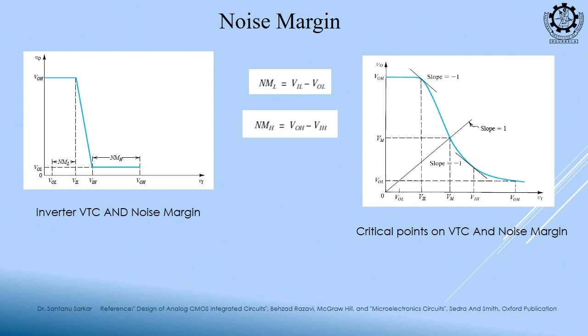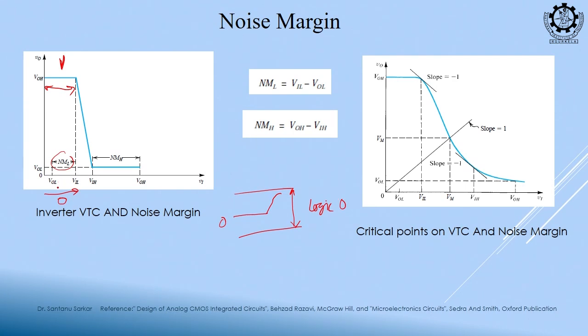Okay. Now, see this: up to this, my output is logic 1. So, this much input I can consider as logic 0. When my input is 0, it is logically also 0, but even when it is rising up to a little range, I can still call this a logic 0 input.